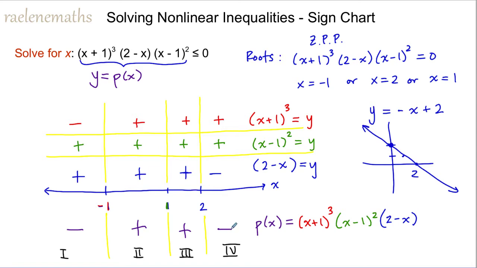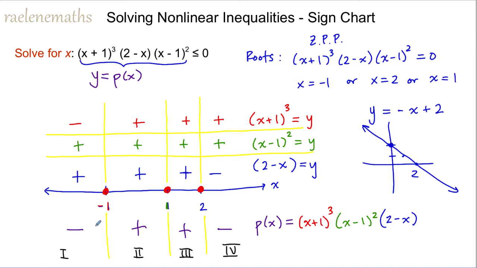We also need to put the zeros. So I'm actually going to put my solutions in red because it'll stand out on the x-axis. The roots are the values of x that make the y values on the p of x graph equal to 0, and so I'm going to include the solutions of negative 1, 1, or 2 for my x values.